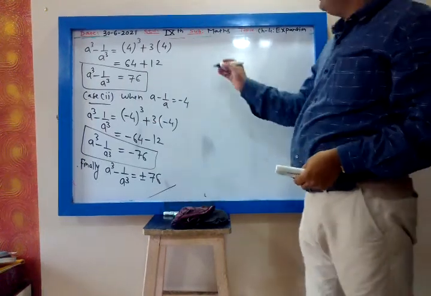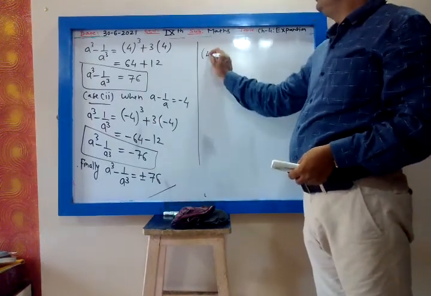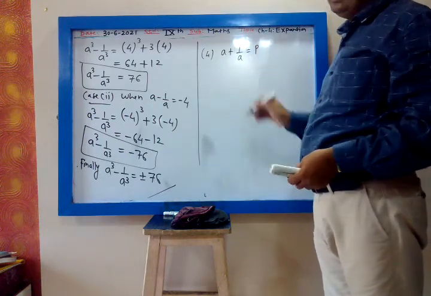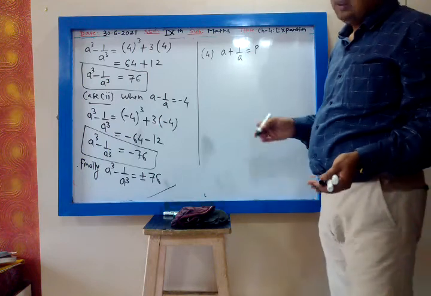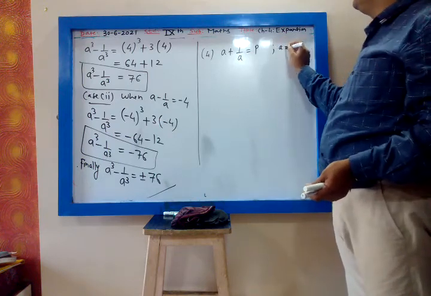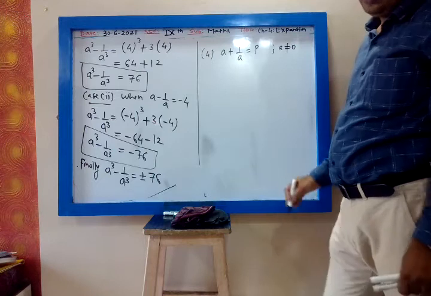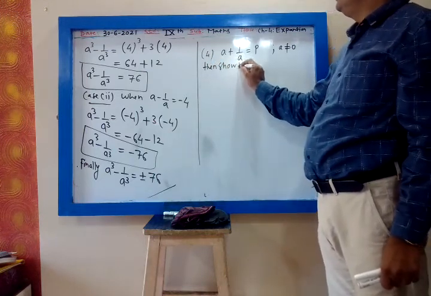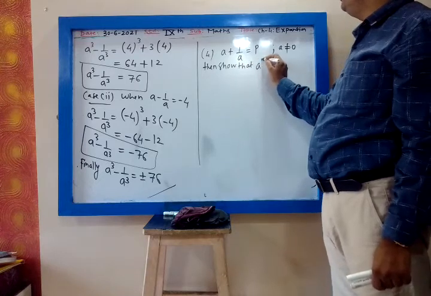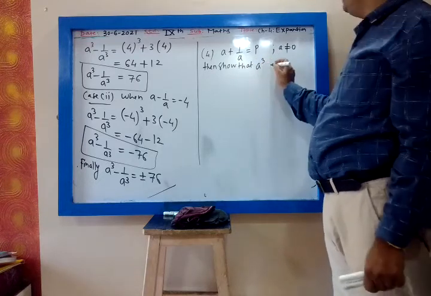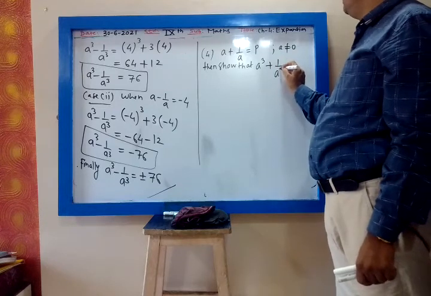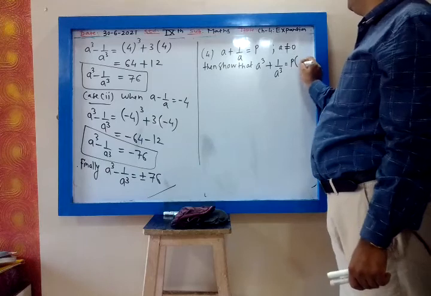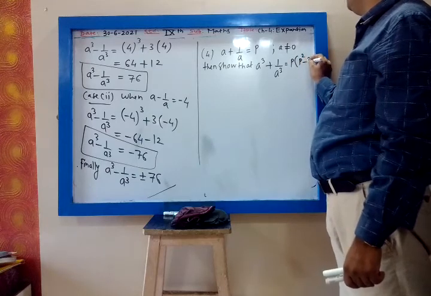Fourth part: a plus 1 upon a is p, and a is not equal to 0. Then show that a cube plus 1 upon a cube is p into p square minus 3.